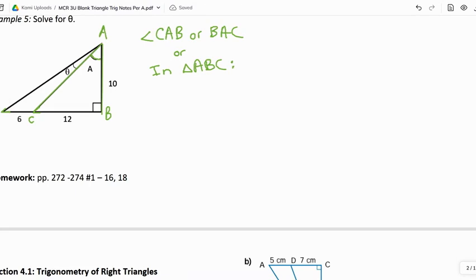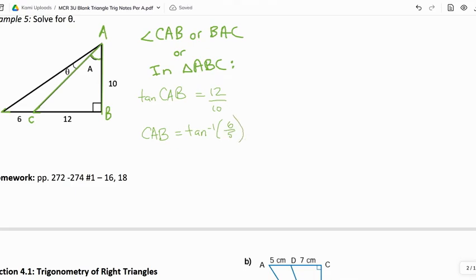let's solve. So I'm going to say tan of CAB equals 12 over 10, right? Opposite over adjacent. I'll reduce my fraction. Why not?